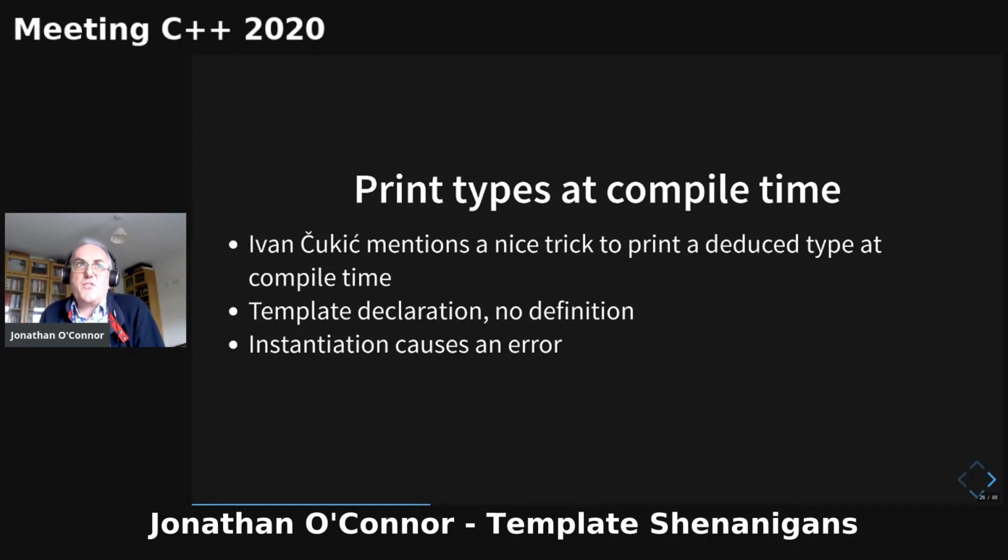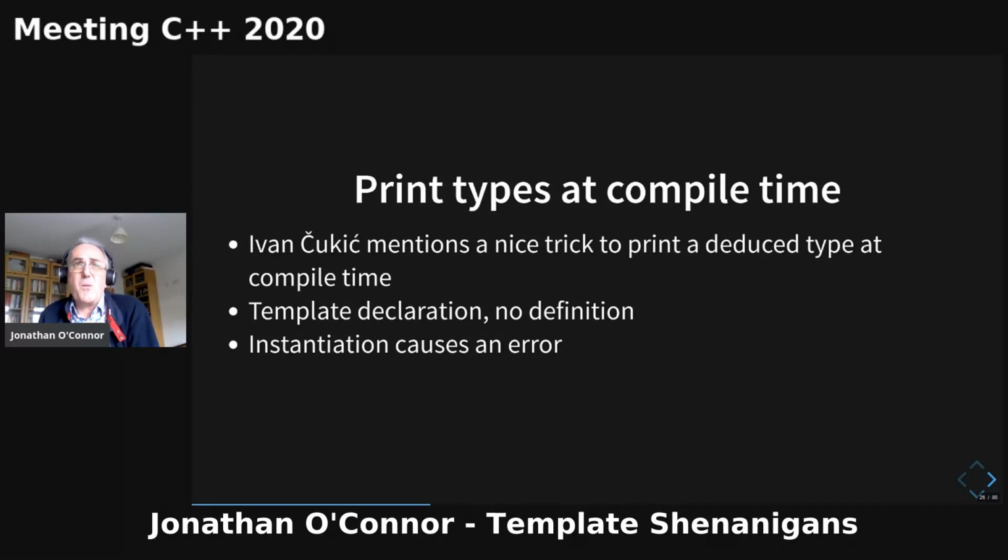But what happens if your code doesn't compile? You may want to figure out what your deduced type is before the point of failure. Ivan Čukić, author of this very nice book, Functional Programming in C++, gives a nice tip to be able to print a deduced type at compile time.